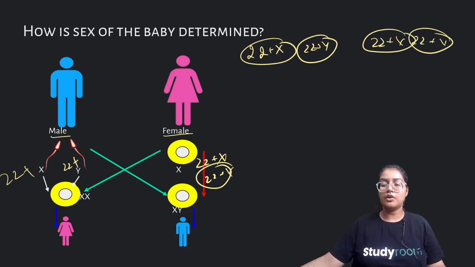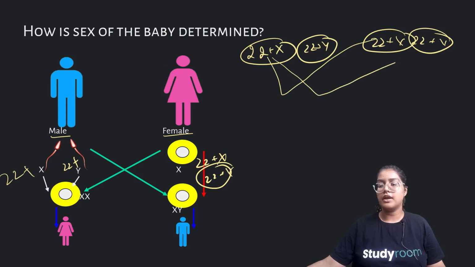So while crossing, you have to do it like this. This can fuse with any of the gametes and this can fuse with any of the gametes.